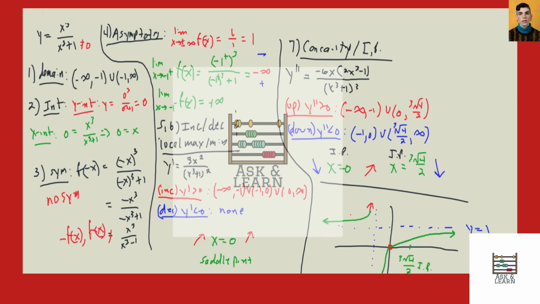So actually, maybe let me try to draw that a little bit better for the change in concavity. So here it's changing concavity, and then it's going to stay like that until about here, and it's going to just keep on getting closer and closer. So maybe you can draw the concavity change at cube root of 4 over 2 a little bit better, but it should look something along those lines.